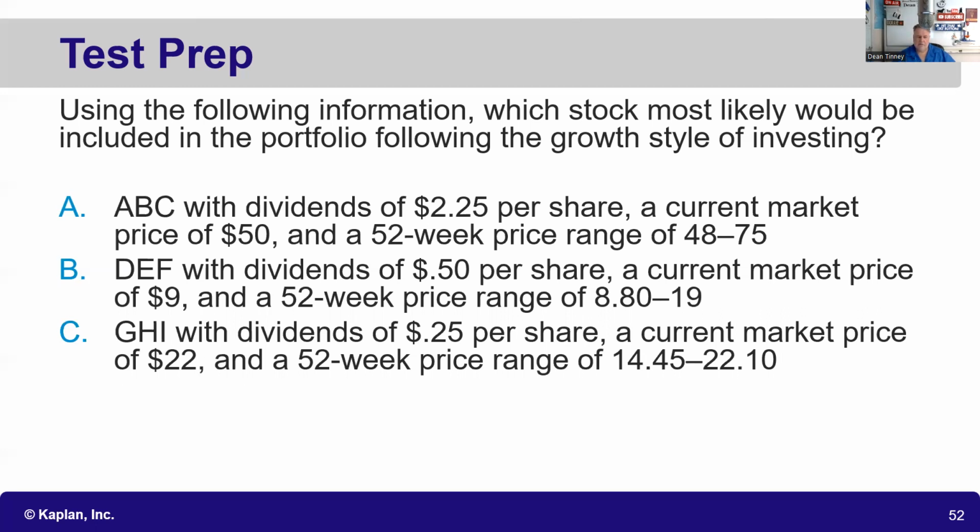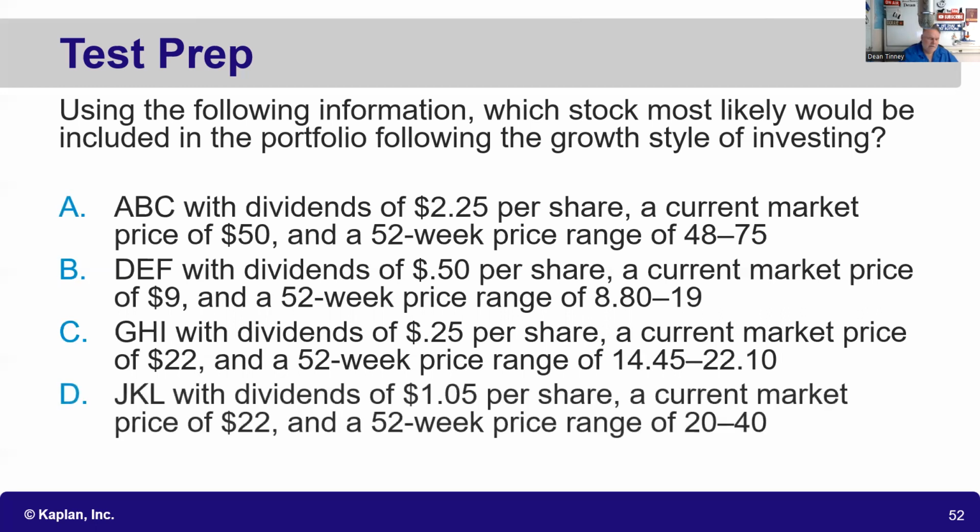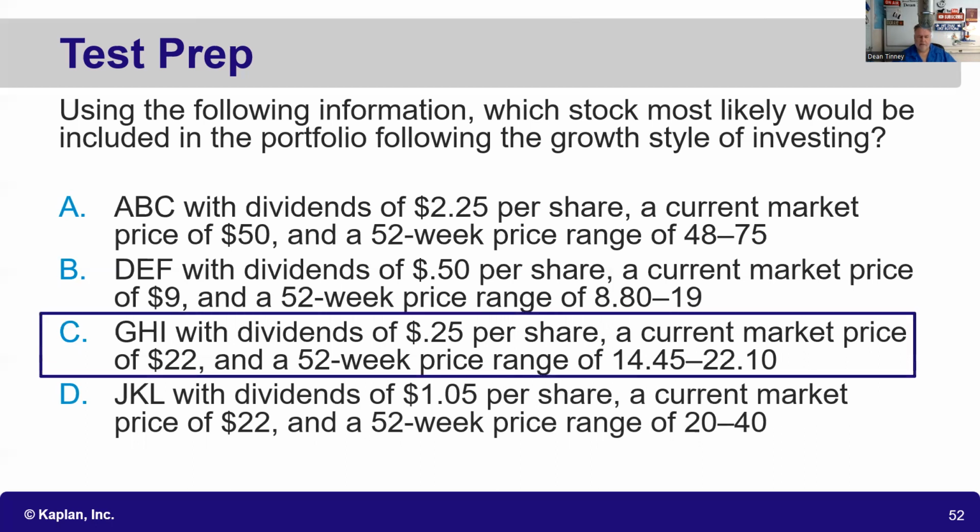So I like C here so far. Let's look at our next one. D is JKL. It has $1.05. I take $1.05 and divide by 22 to see what the current yield is. 4.7%. Wow. That's a high current yield. It's on the lower end of its price range, so it sounds like value. Yeah, the answer here is C.